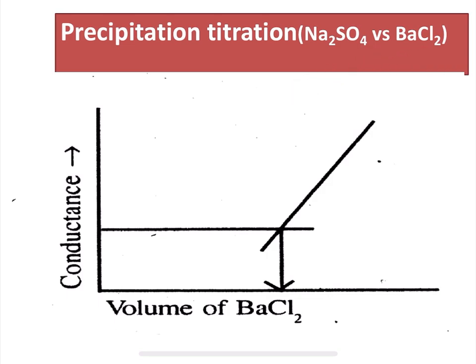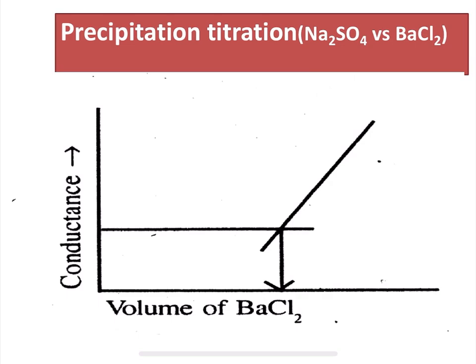And the reaction that takes place is, when sodium sulfate reacts with barium chloride, sodium chloride is formed, and the barium present in barium chloride reacts with the sulfate ions present in the sodium sulfate, thereby converting into barium sulfate. Okay, so this barium sulfate is going to get precipitated out.